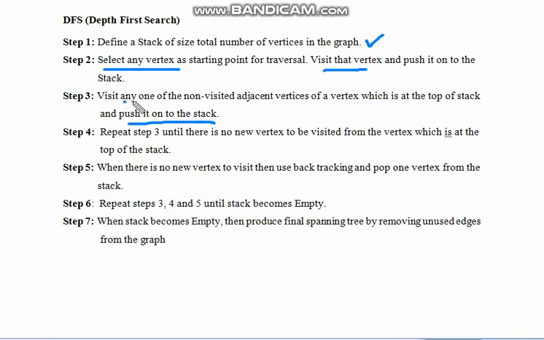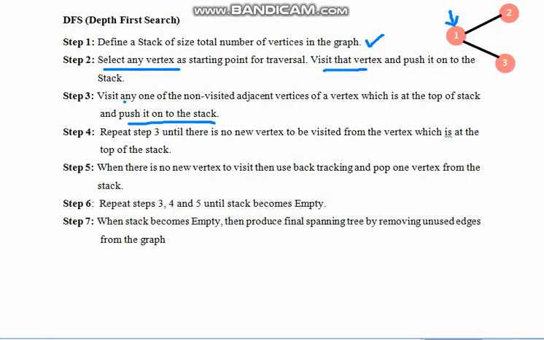For example, I chose 1 as my starting point, and I have two adjacent non-visited vertices. You can pick any one, either 1 to 2 or 1 to 3.